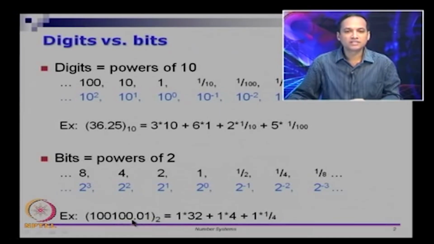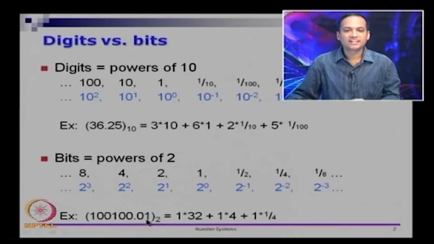If you look at this binary number here, let us see what the value of this one is. You start from here, so this is 0, this is 2 into 0, this is 4 into 1, this is 8 into 0, 16 into 0 and 32 into 1. So we have 32 plus 4, so this is 36.